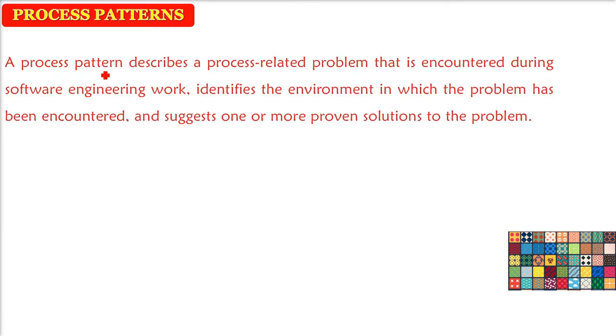So when we talk about a process pattern, we are talking about a process related problem that is encountered during software engineering work, identifies the environment in which the problem has been encountered, and suggests one or more proven solutions to the problem. That is, do we have a proven solution for certain things which has already been done? So something already exists.